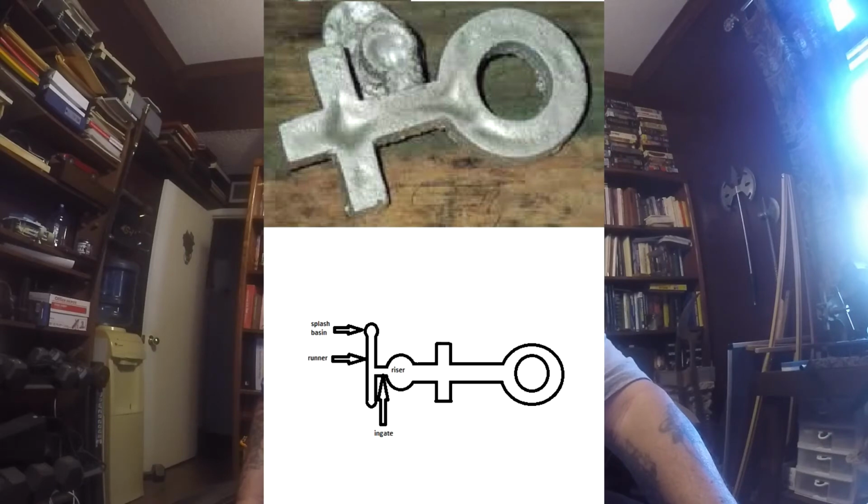There's symbols for male and female, but whatever the case might have been, this is obviously aluminum, okay, and as rough as the edges were around there, it was obviously made in a green sand, like the bentonite type of sand, with clay bonded sand, I should say, clay bonded sand.